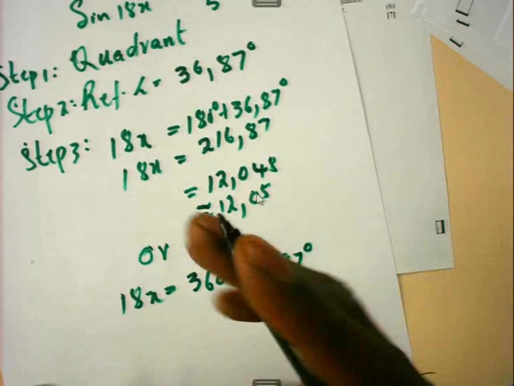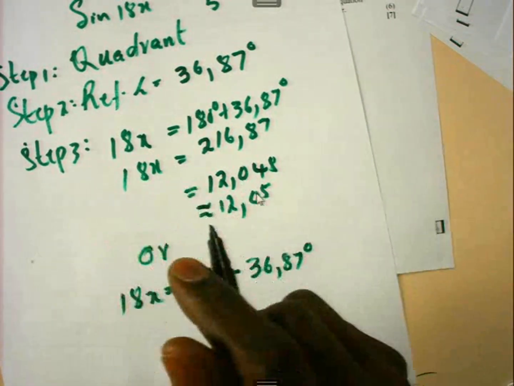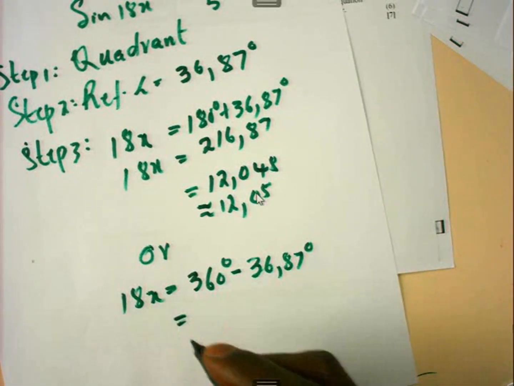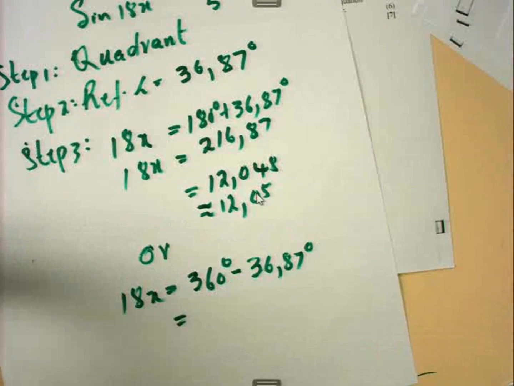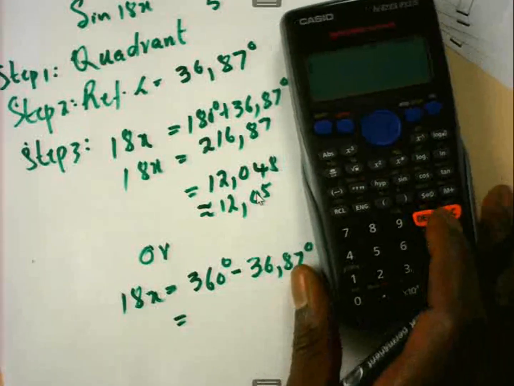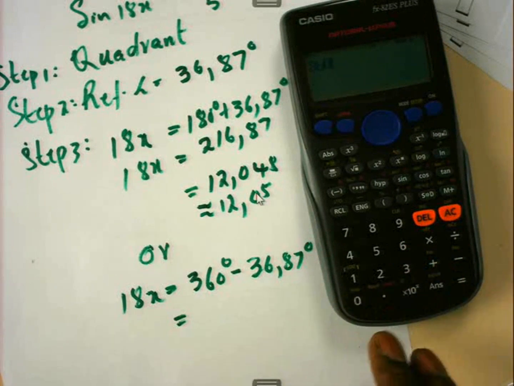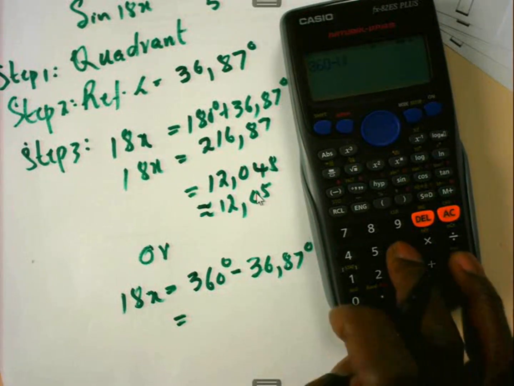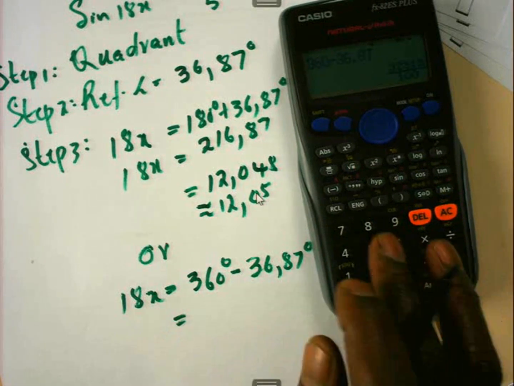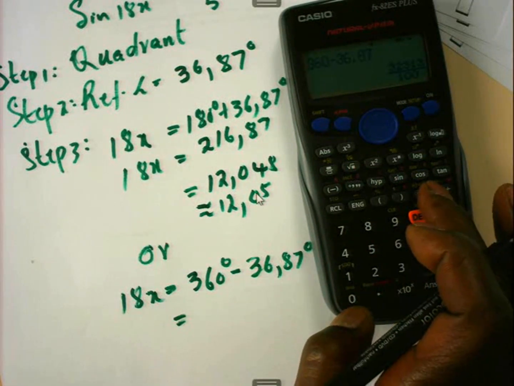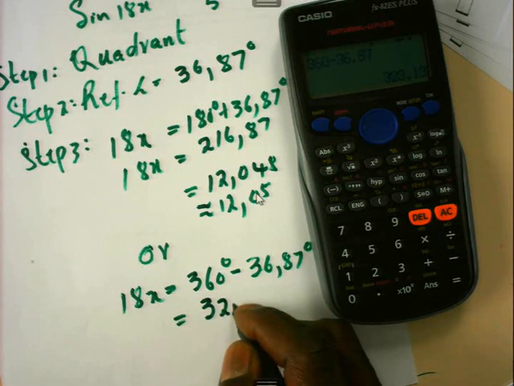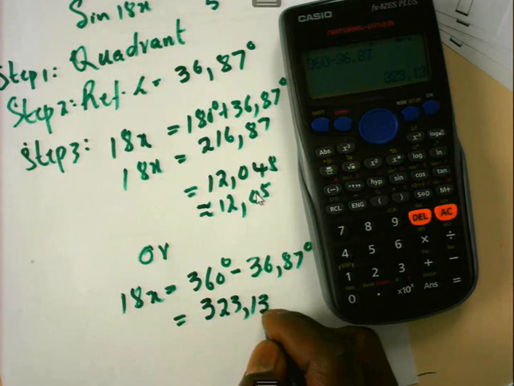Now 18x will be equal to 360 degrees minus the reference angle of 36.87 degrees. I don't think we must write the general solution for this. Now let's simplify that. We take our calculator, 360 degrees minus 36.87, and we get 323.13 degrees.